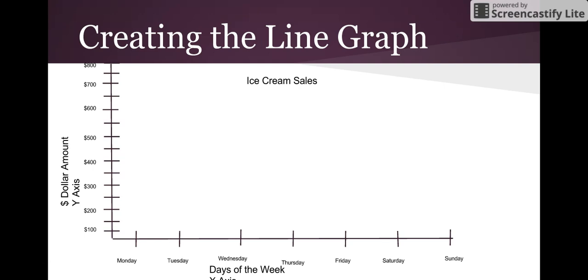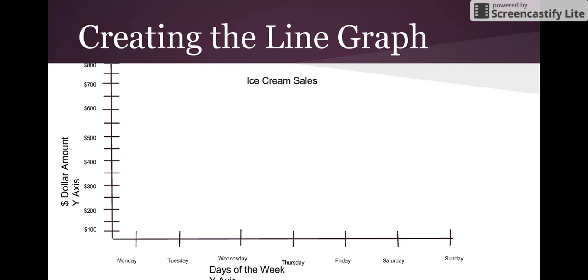What do we do with this graph after we titled it, with our dollar amount for the y-axis, our days of the week for our x-axis, and our ice cream sales? What can I plot now? So students, now we need to observe for a little while.